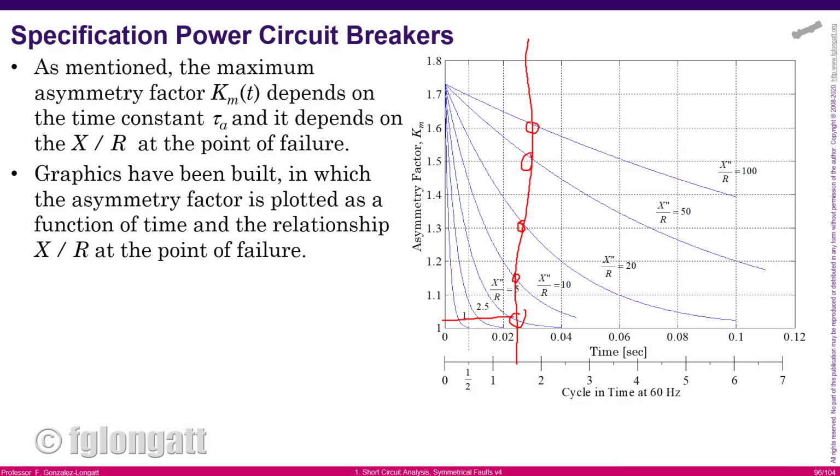The interesting thing that you must realize here is that there is a maximum possible for the asymmetry factor. Again, what you need to understand, these curves are created based on the expression, on the relationship defining the ratio between reactance and resistance.